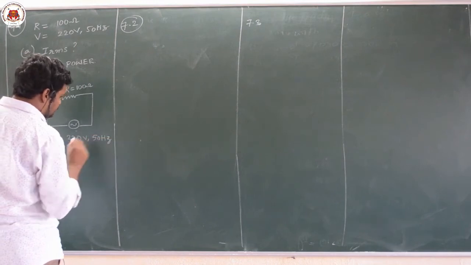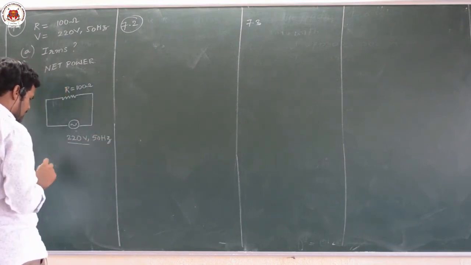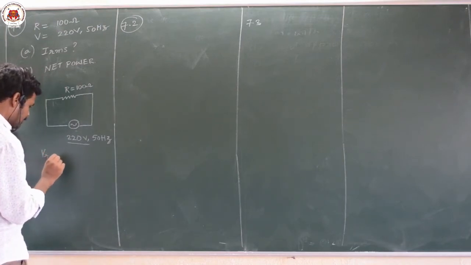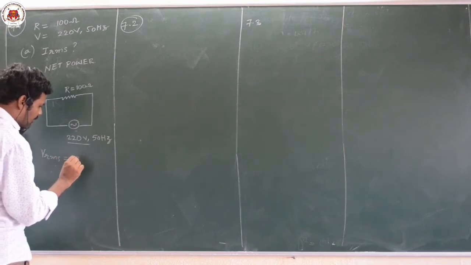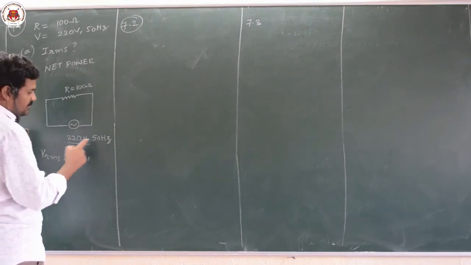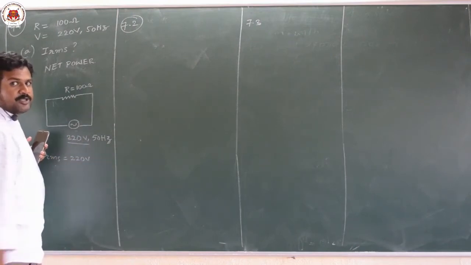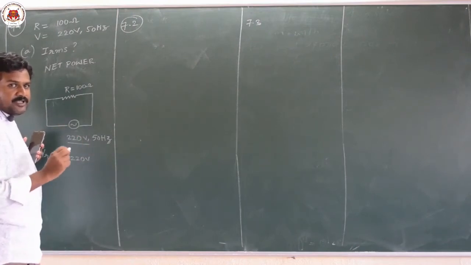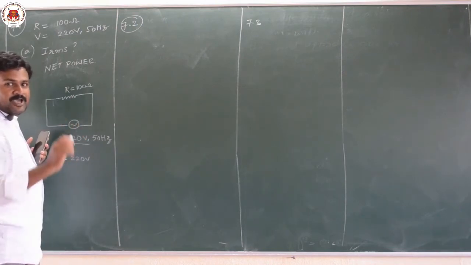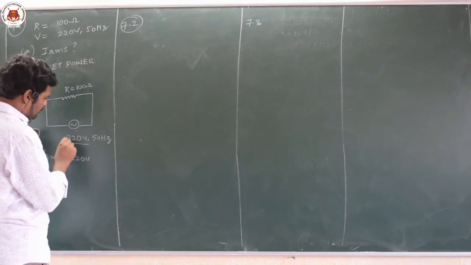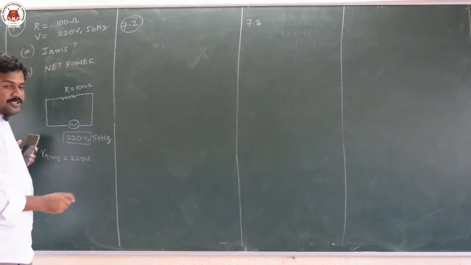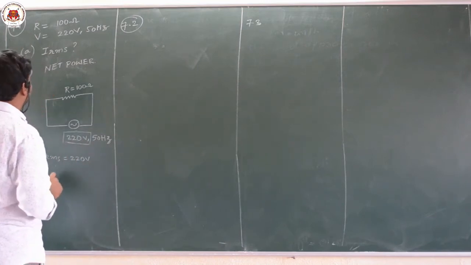Here this 220 volts is VRMS, because the rating of AC is given by RMS value only. If I tell 10 volts AC, it means 10 volts RMS AC. The measurable property or rating of AC is done in RMS only. So VRMS is given as 220.